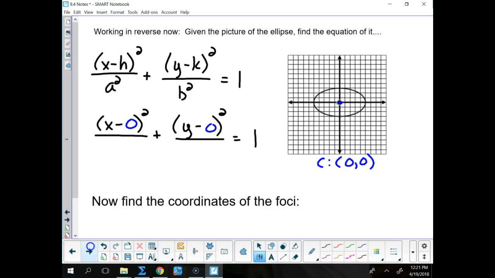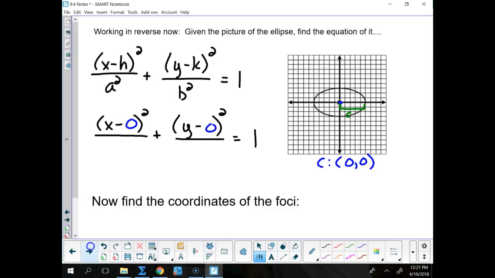What else do we need? Okay. So horizontally, how far we go from the center to the end of that axis, right? Okay. So this distance here would be what? It's 5, but is that A? Is that B? Is that H? Is that K? Is that Q? Why is it A? Because it's the X one, right? Okay.